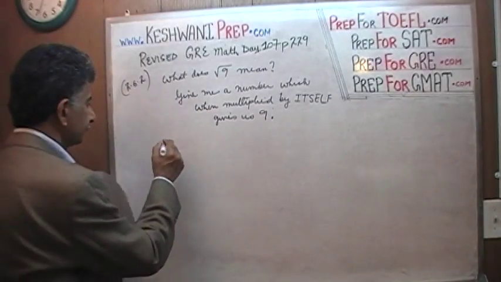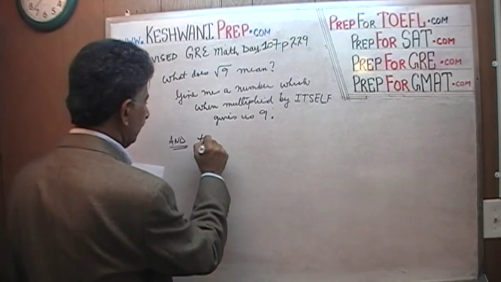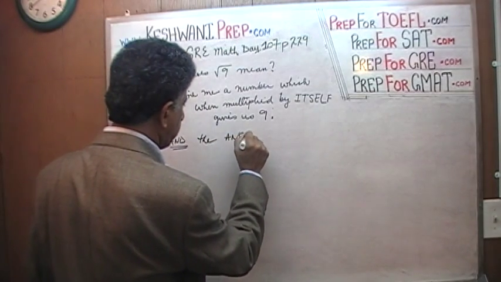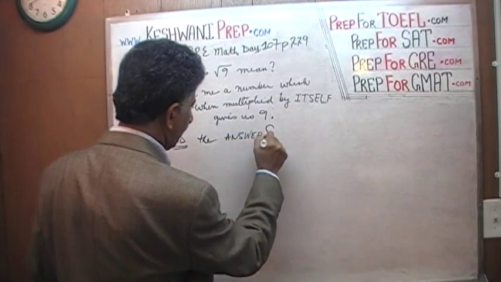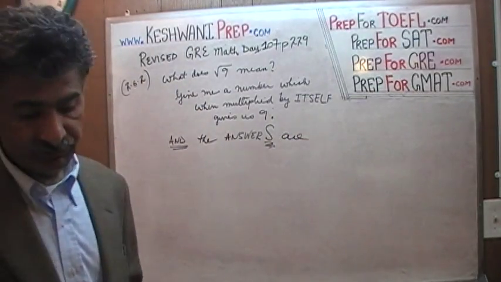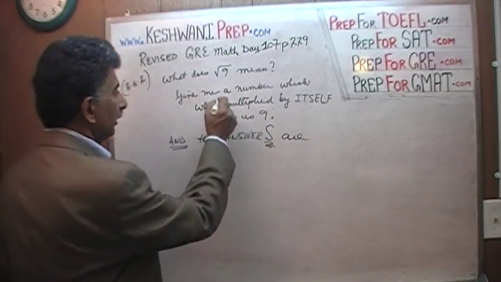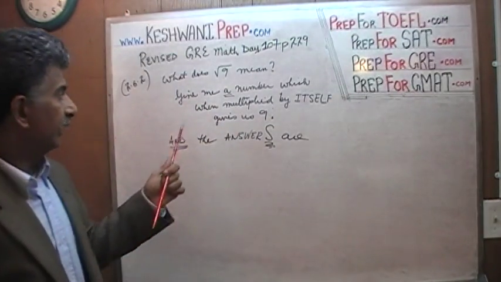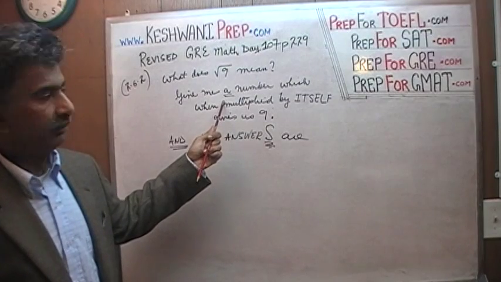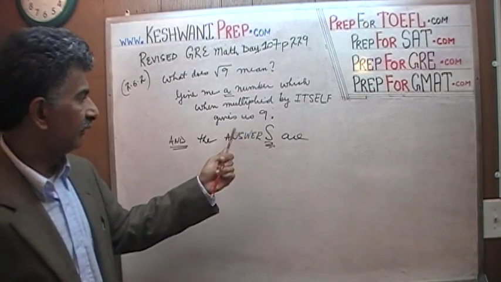And the answers are, there are two answers, not just an answer, answers. Even though here it says give me a number, in fact it should have said give me all the numbers. Give me all the numbers which when multiplied by themselves give us 9.